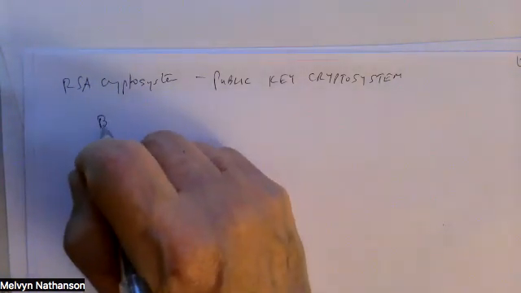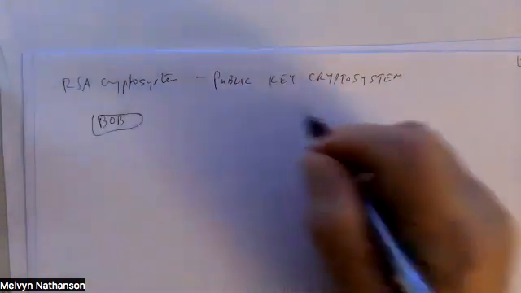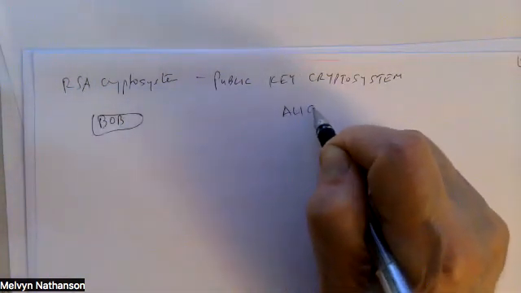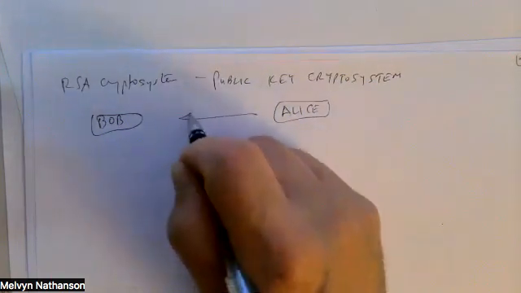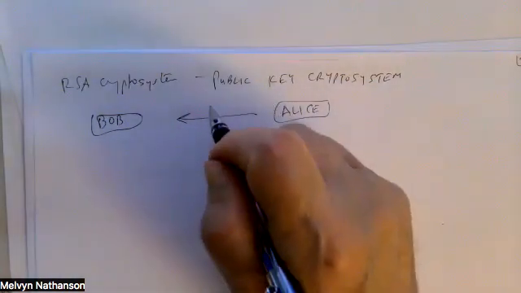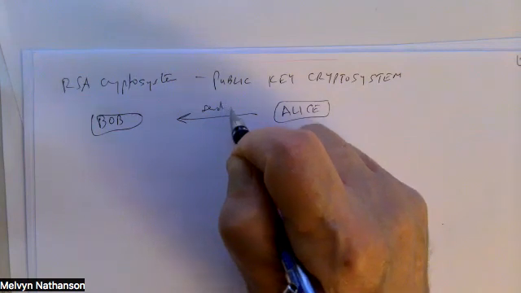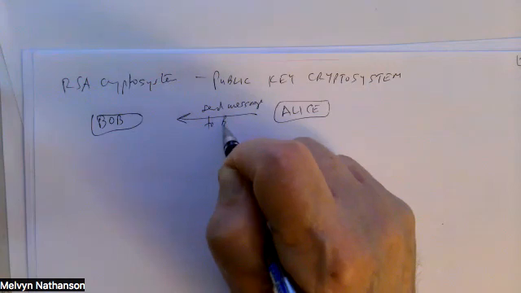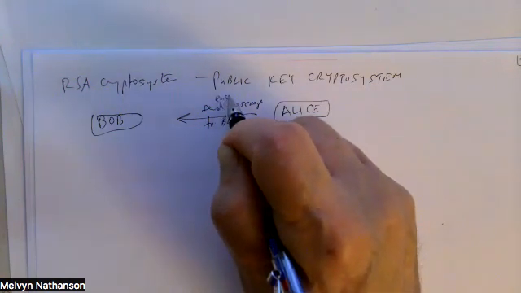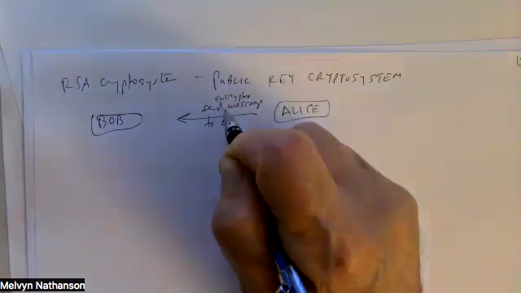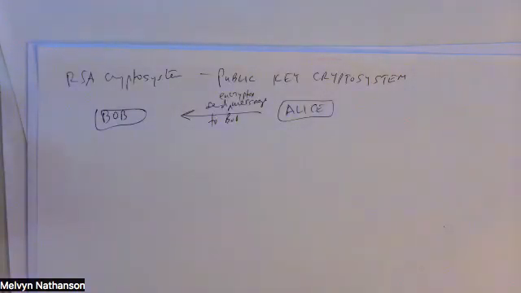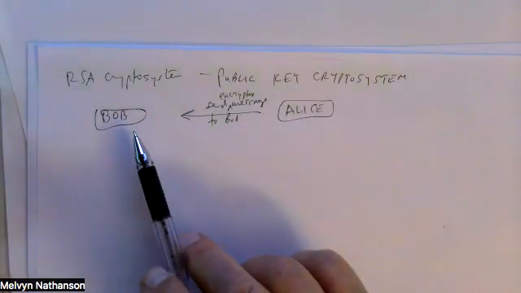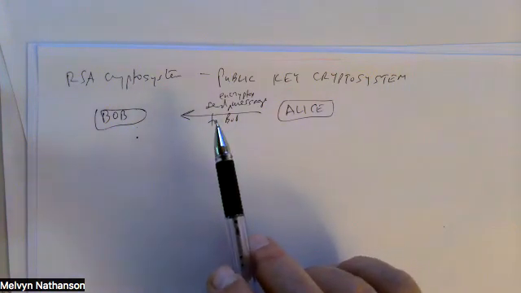So in our system, there's Bob, and there's someone out there named Alice, and Alice wants to send a message to Bob, but it has to be an encrypted message.